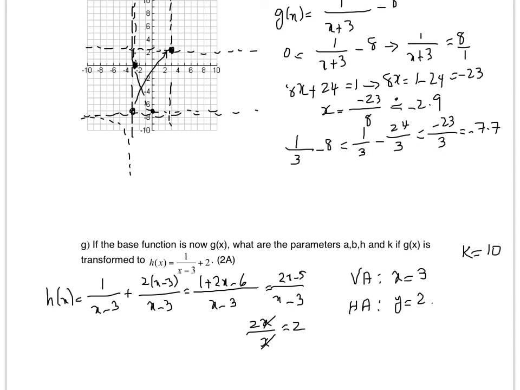Since it has gone right 6 units, I can say h is equal to 6. Since there is no stretch or compression along the x or y axis, I can say that a is 1 and b is equal to 1. So these are the values of my parameters.